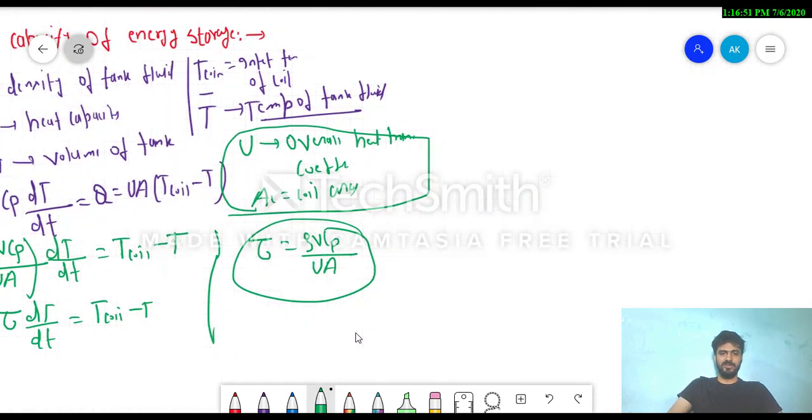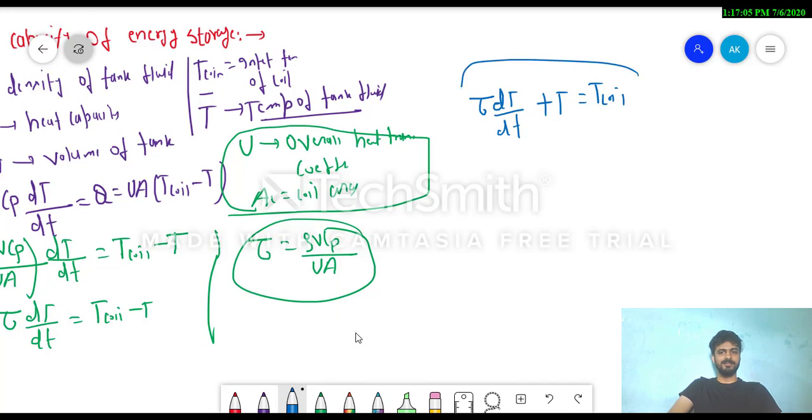From here you have got the formula tau dT/dt plus T equals T coil. So my dear students, this is the first order differential equation.